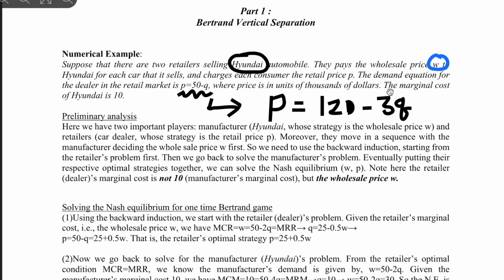And we're going to set the same marginal cost for Hyundai. So let's look at it. We got the new demand curve, P equals 120 minus 3Q.